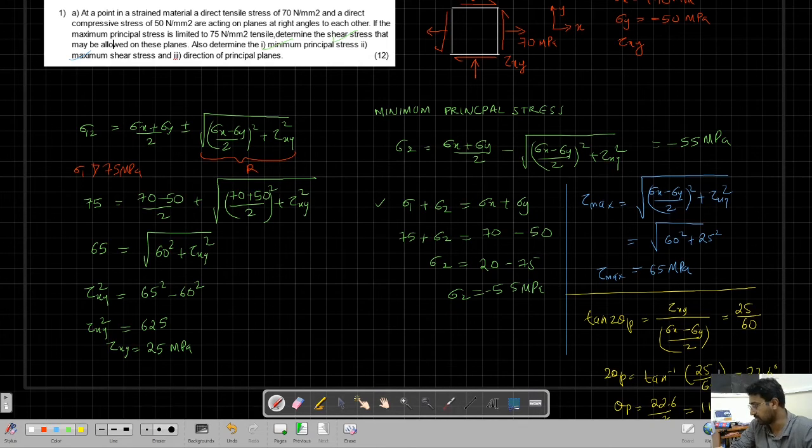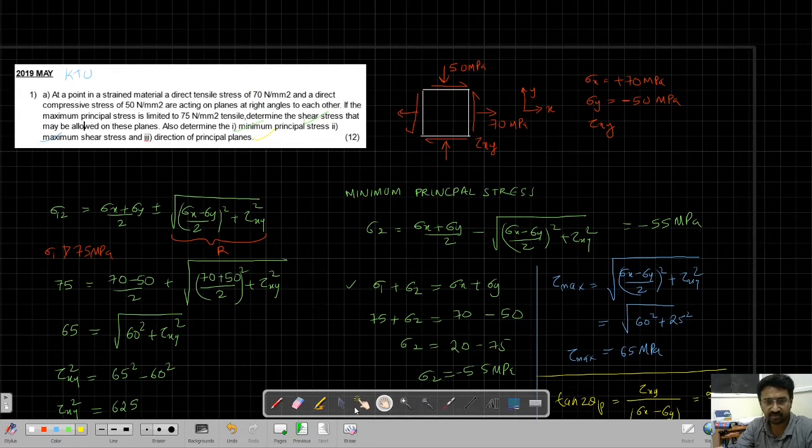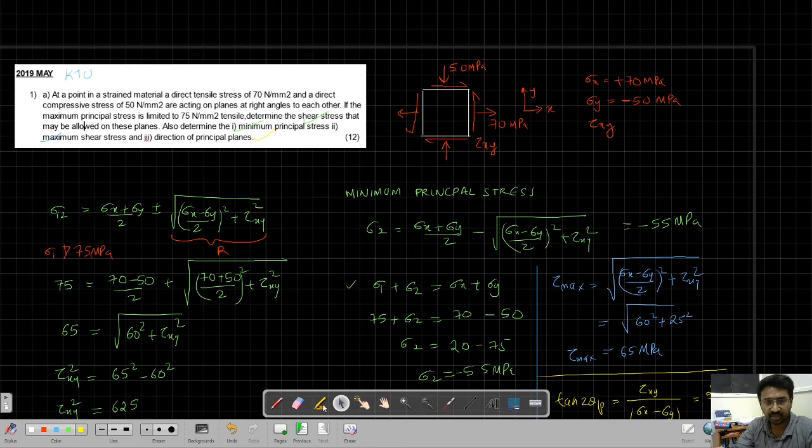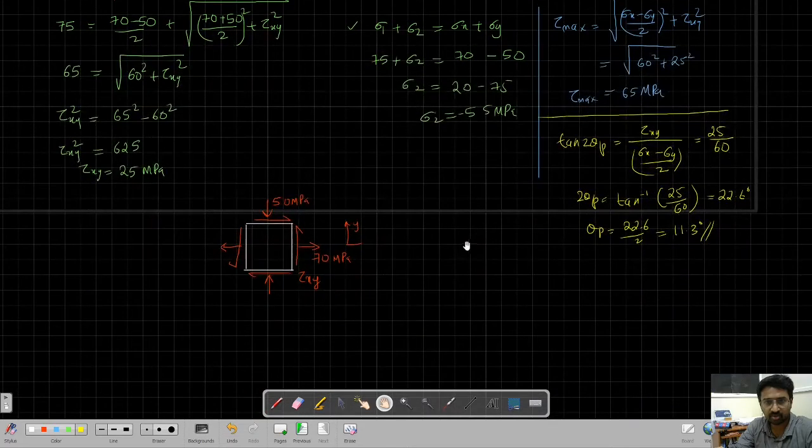So this is the principal plane, and we have answered this question. Now, to complete our understanding, we will draw a diagram and finish off the problem. Drawing the diagram is very fast, and I recommend you always draw it whenever you are able to manage the time.